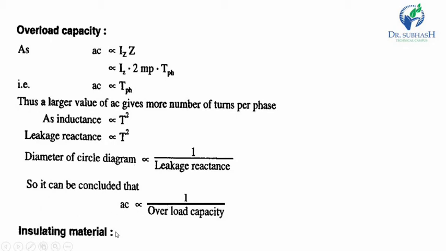Now the insulating material. If we use good quality insulating materials, we allow a higher temperature rise. If we choose good quality insulation, the space required for the insulation is less, and so the space available for the conductor is higher.